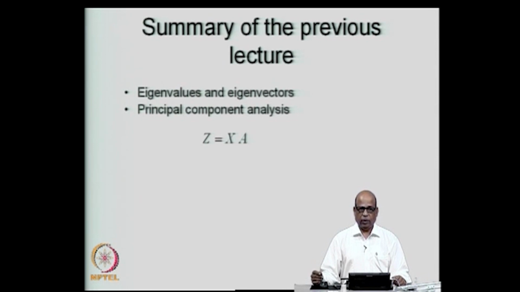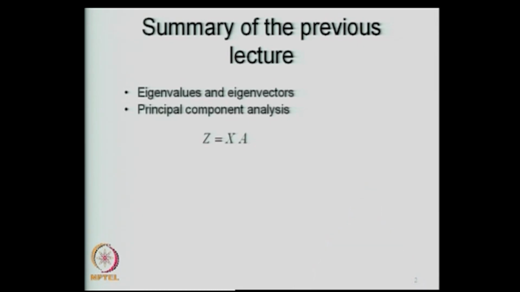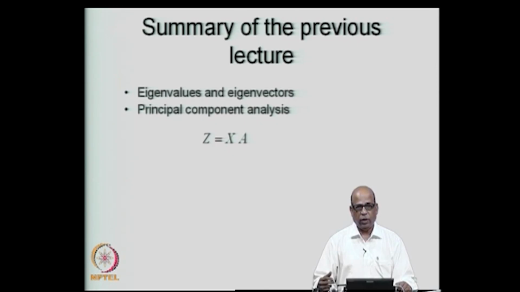The typical example in hydrology is that the runoff at a particular location is dependent on several rain gauges, several rainfall values in the catchment, and apart from rainfall, it may also depend on soil moisture, vegetation, the area of the catchment, and so on. So there are several variables on which the runoff is dependent, and you want to develop a regression for the runoff in terms of all of these variables.